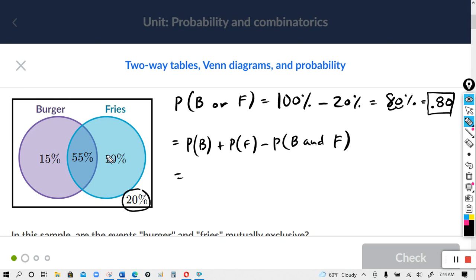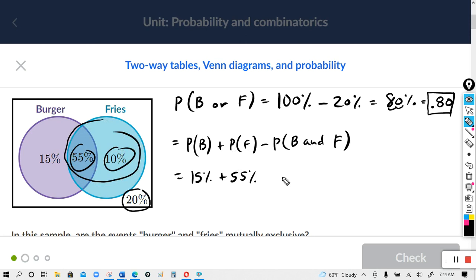But if you look at the probability of burgers, this circle right here, it's going to be 15 and 55, so 15 plus 55. And then the probability of fries is this circle right here. So it's going to be 55 and 10.